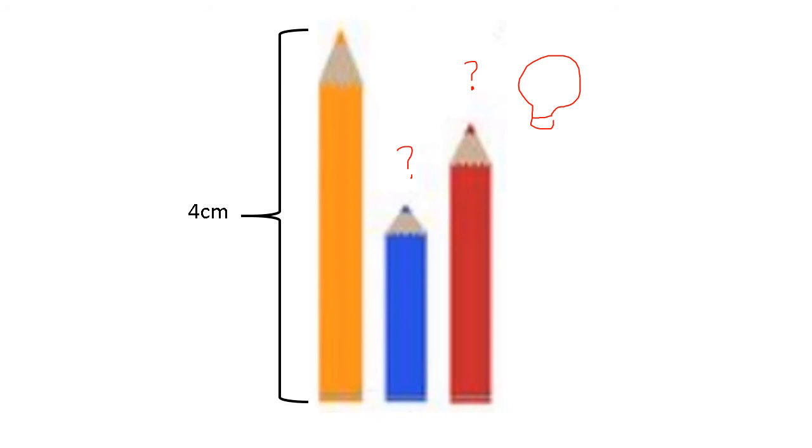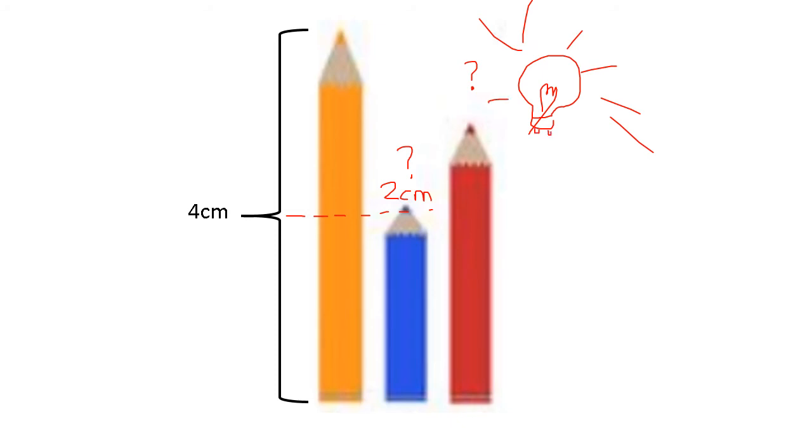Have you thought about that? Well, if you notice, the blue pencil is about half the length of the orange one, and half of 4 is 2. So my blue pencil is about 2 centimeters long.